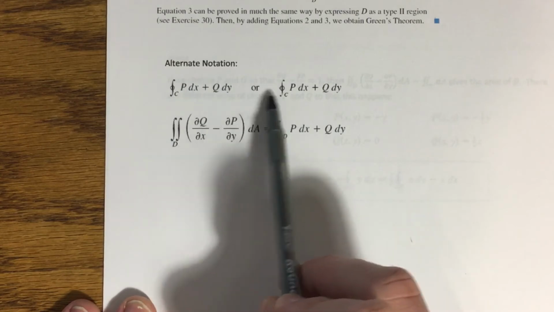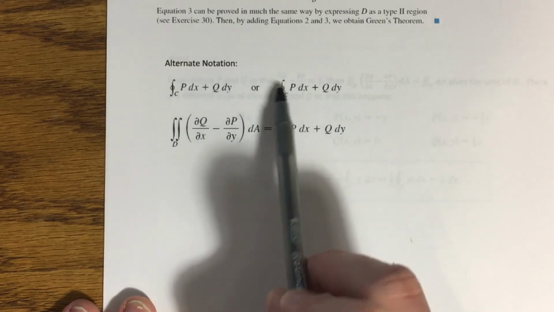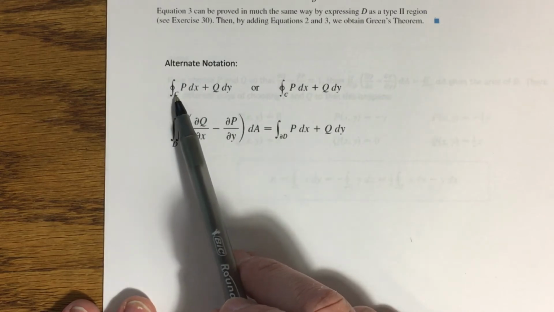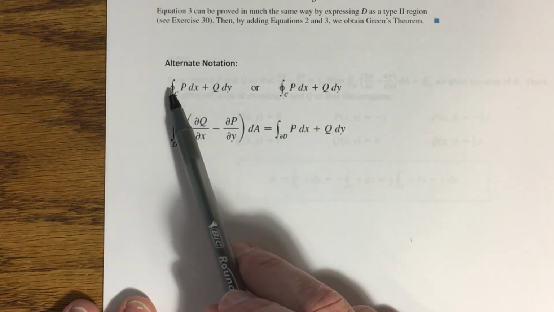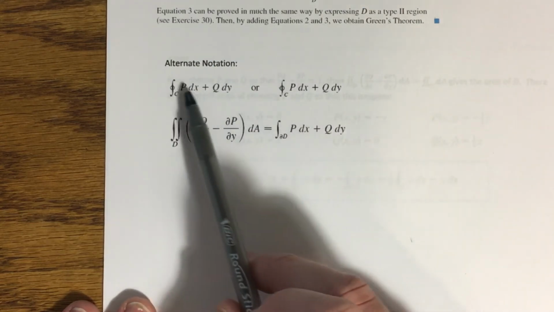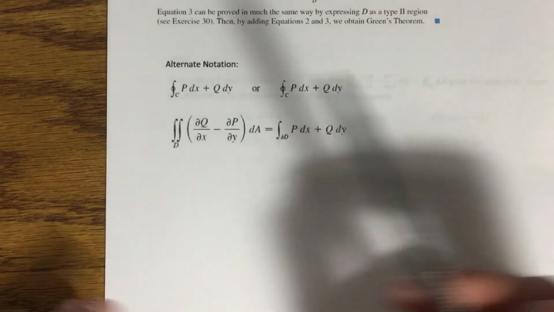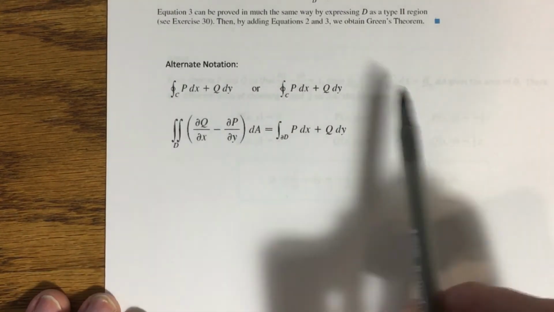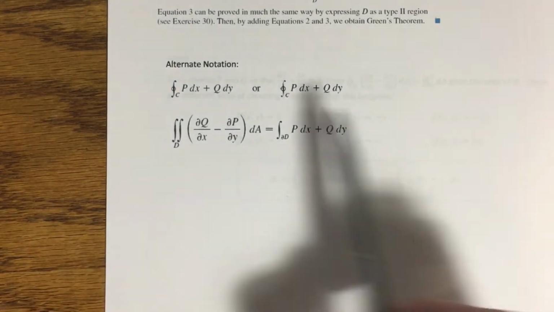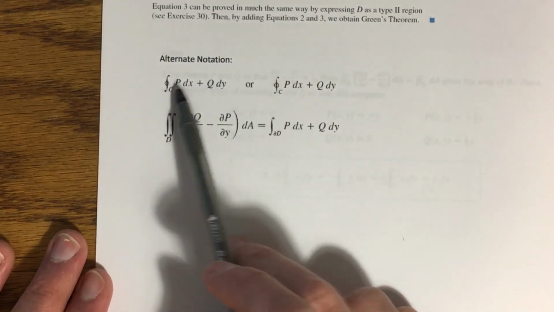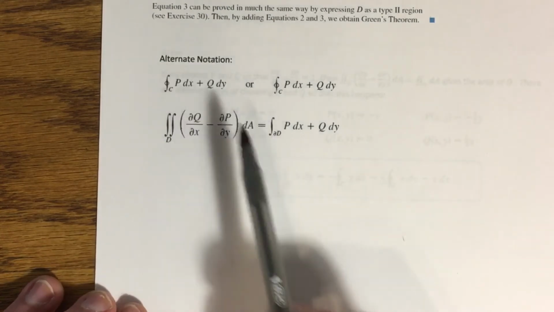Basically, this is showing that the line integral that we're taking is using a curve that's a positively oriented closed curve, simple closed curve. If you left that circle off, in most cases, it's not going to make any difference because the C would have been described somewhere. So you don't need the circle to tell you that it's a closed curve. But this does come up here and there, so it's worth knowing that notation.